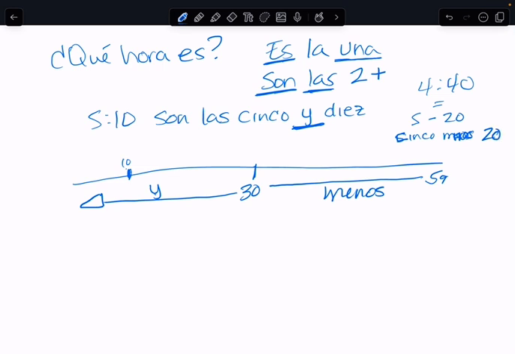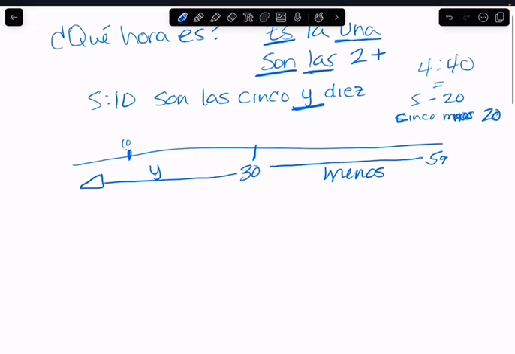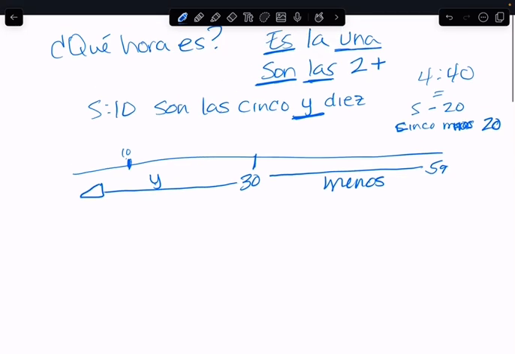So let's practice. If it is 3:45, that means 45 is right here. So I would say 4 minus 15, because that is where you get to 45.